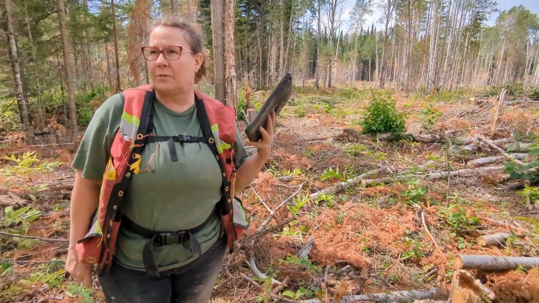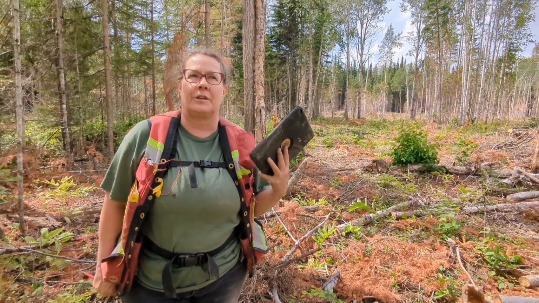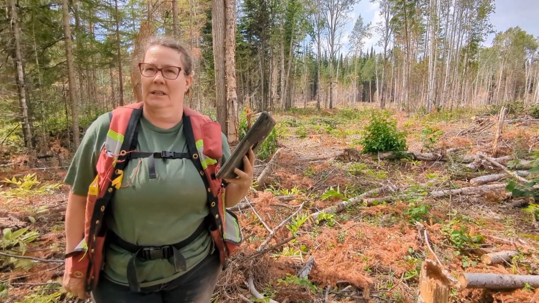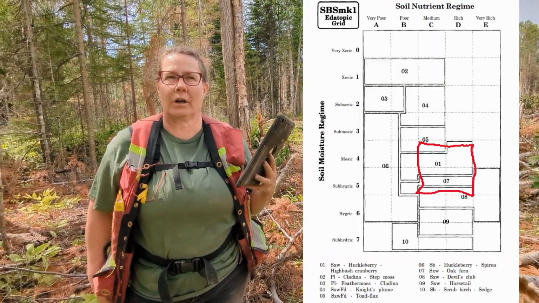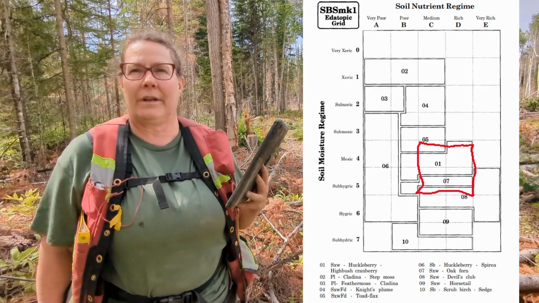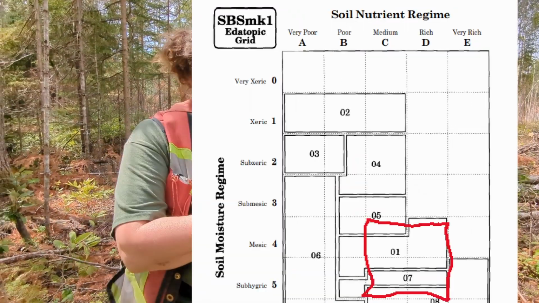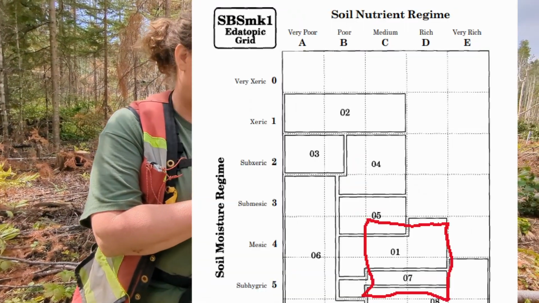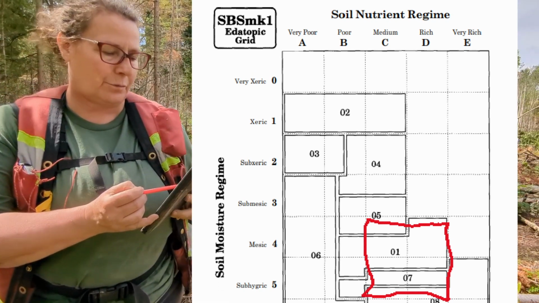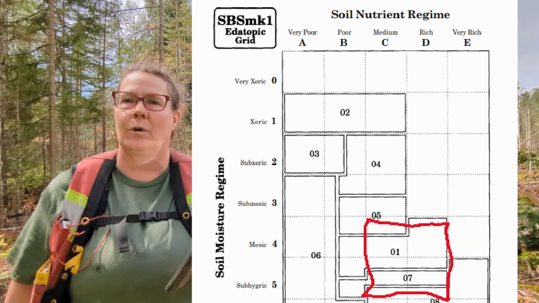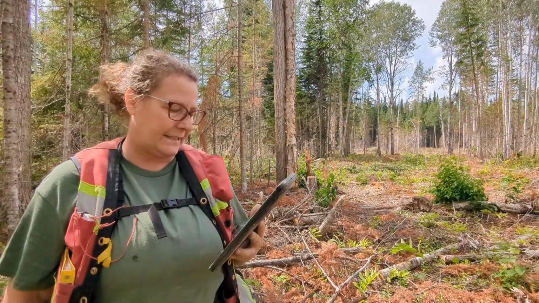Through the magic of technology, we're going to flip up the edaphic grid for the SBS MK1. And if you look here, you can see that between C to D, 4 to 5, we're really only looking at 3 particular ecotypes: 01, 07, and 08.